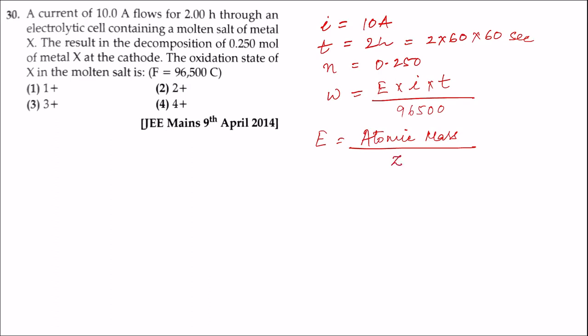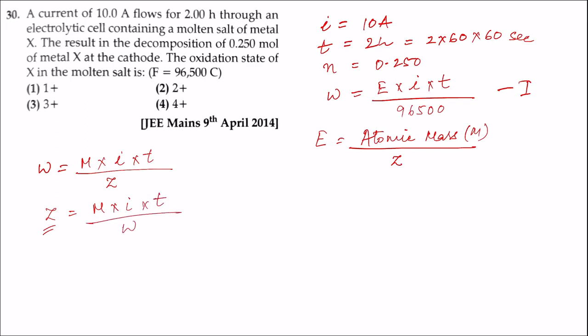Let the oxidation state of the metal be Z. So this formula, let it be 1, becomes W is equal to atomic mass, let it be M, into I into T divided by Z. Therefore Z, the oxidation state that we have to find out, is equal to M into I into T divided by W, the weight of the metal deposited.